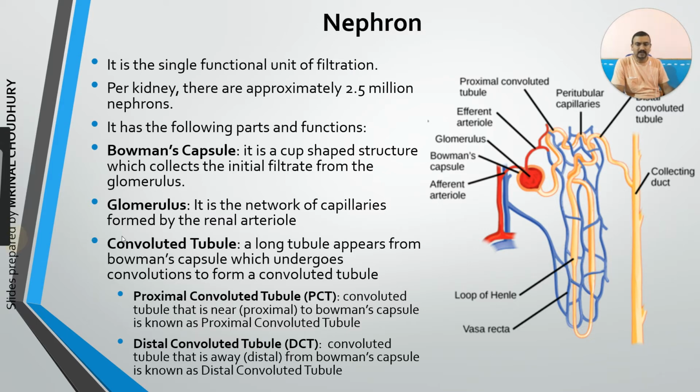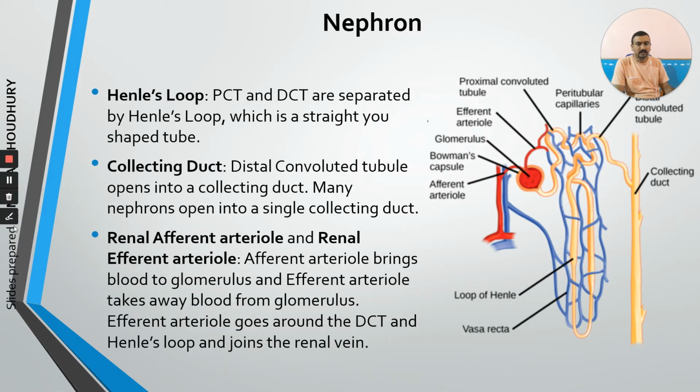Then there is another structure associated with it, that is, there are some blood vessels. You see, this is an afferent arteriole or a renal arteriole, we call it as, which carries blood. This blood is specifically impure blood, means carrying a lot of waste to be thrown out. This blood vessel forms here a network of capillary through which the waste can come out. This network of capillary here is known as glomerulus.